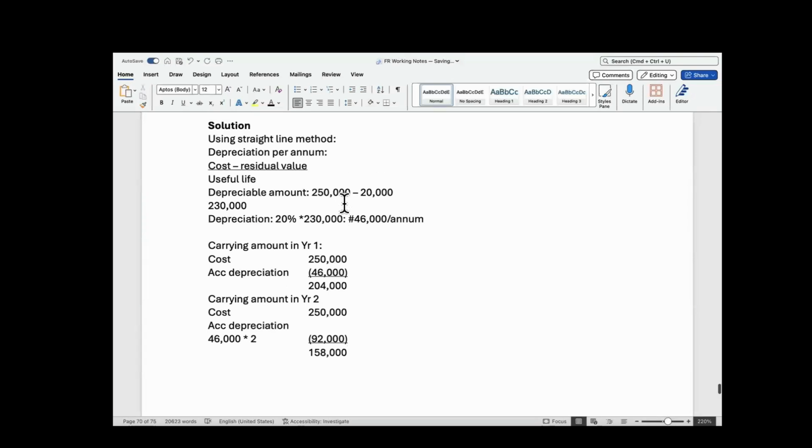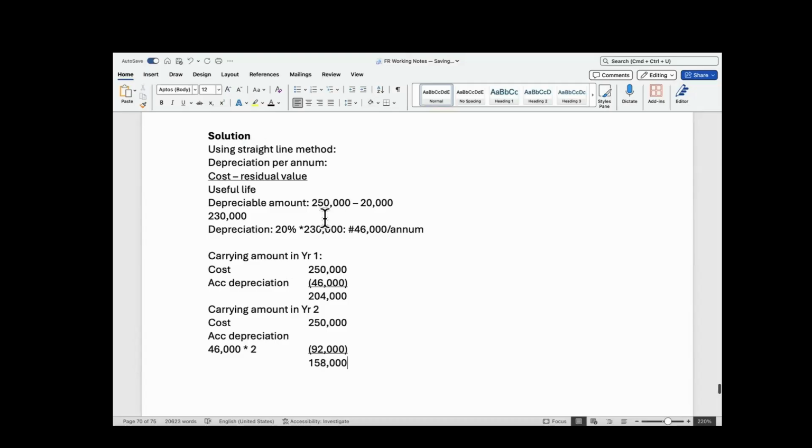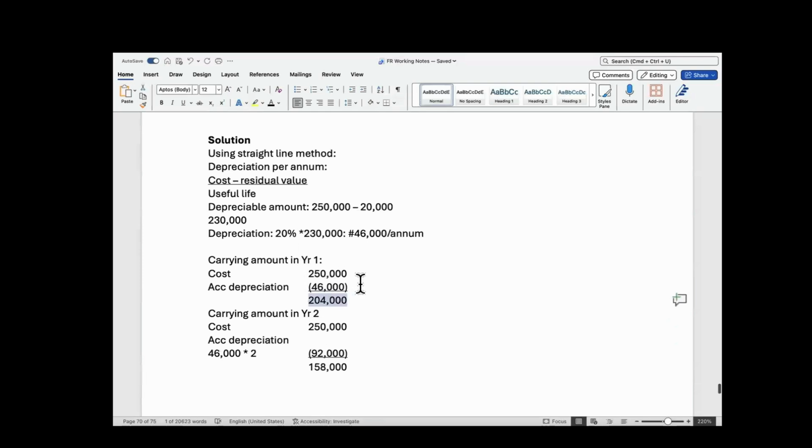Now again, remember that what goes to P&L is this depreciation per annum of 46,000. What shows in my statement of financial position in each year under non-current assets as PPE is this 204,000 in year one and 158,000 in year two as my carrying amount. It's because carrying amount reduces that people think, oh, depreciation is the reduction in the value of the asset. No. The cost is still the cost.